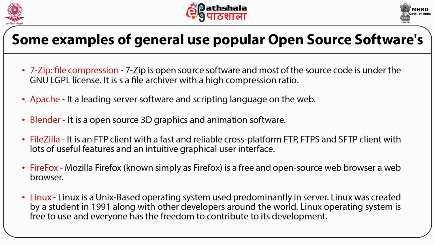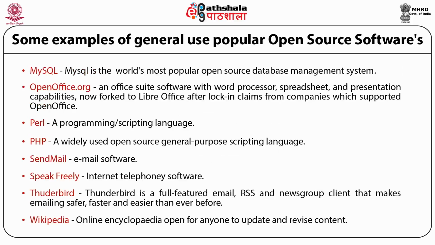Apache has released these. Blender, FileZilla, Firefox. Mozilla Firefox is a very common browser against its proprietary counterpart, and it is now used on all platforms. And for OS we have Linux, various distros.